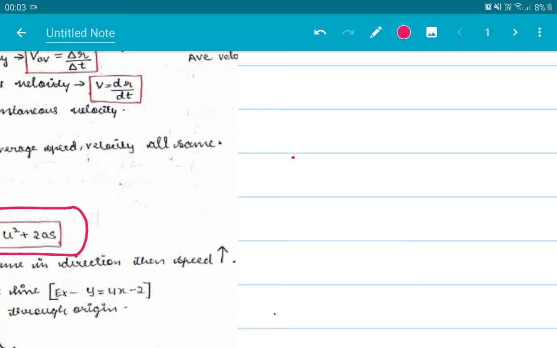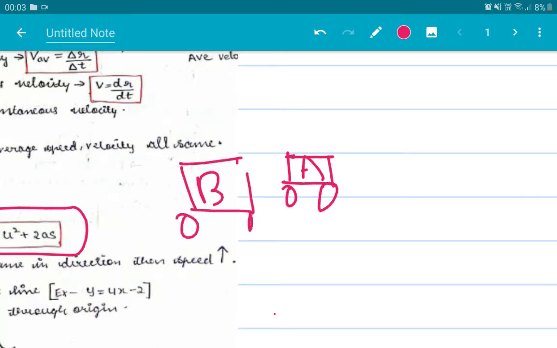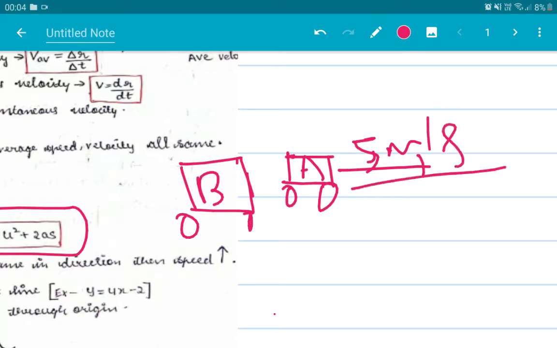This is you moving in a car, A, and I am B, moving in another car. You are moving with 5 meters per second speed, and I am moving at 10 meters per second in the same direction.